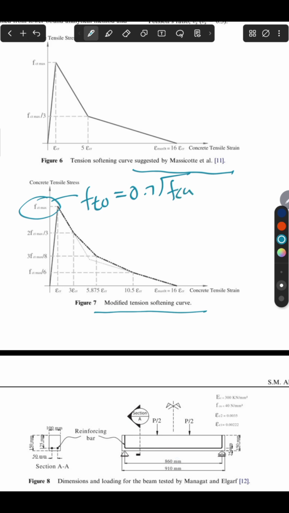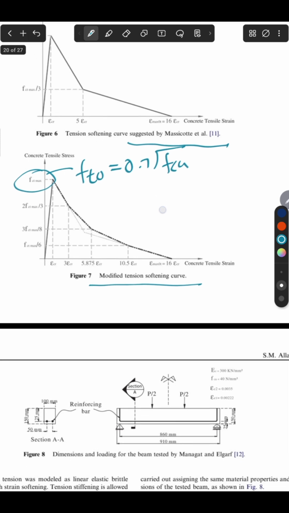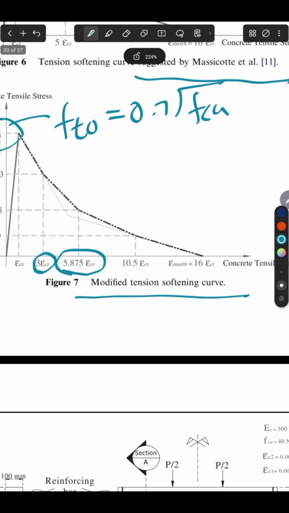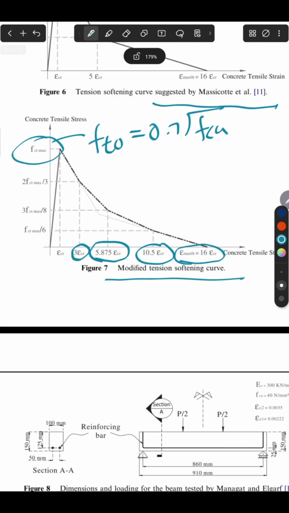Now second value will be 2 by 3 times, third value will be 3 by 8 times, fourth value will be 1 by 6 times, and corresponding strain is first 3 times of first cracking strain, and second will be 5.875 of cracking strain, and here 10.5 times, and here 16. In this, it means the concrete is totally cracked and failed.